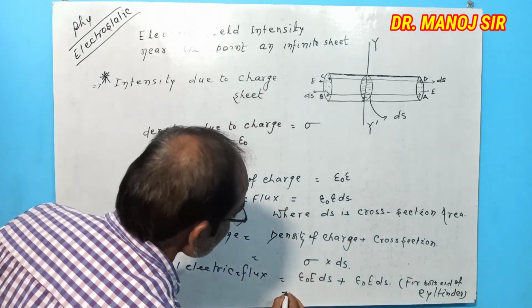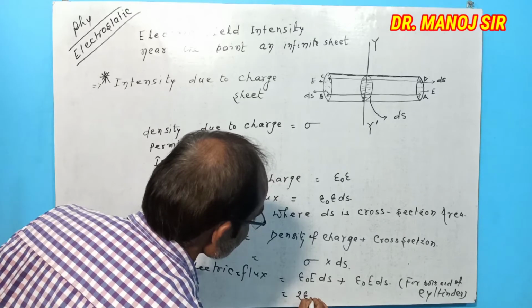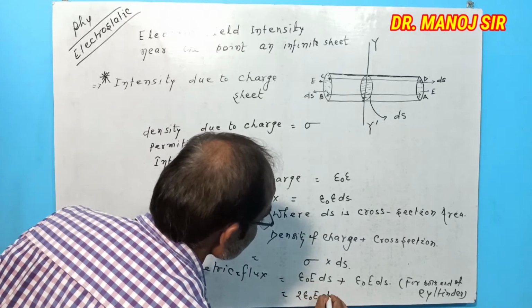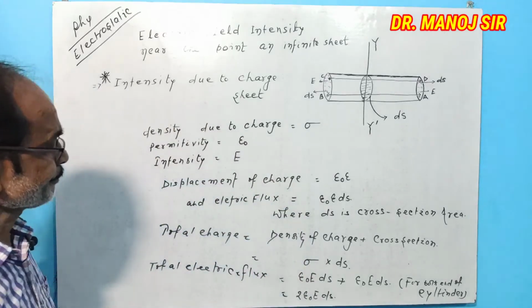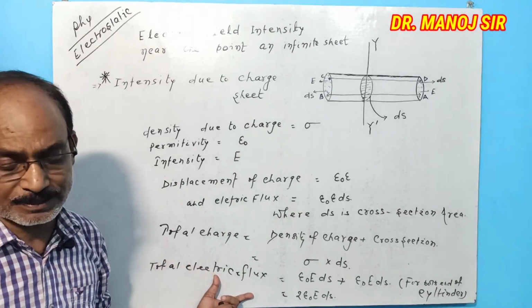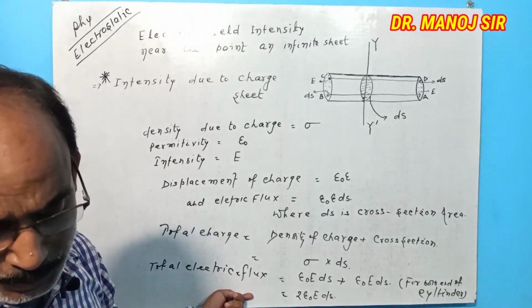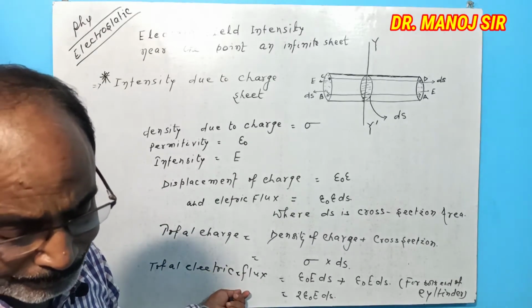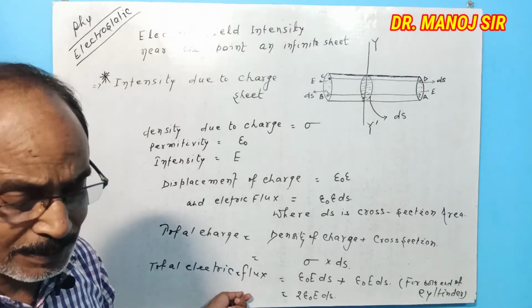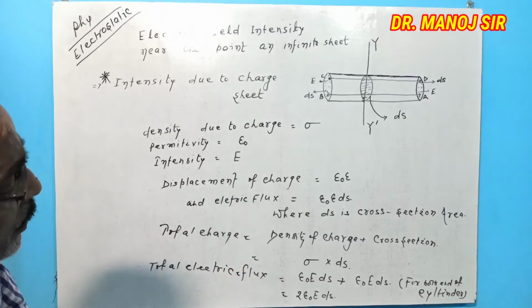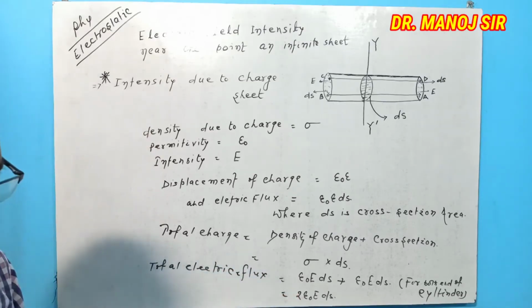Therefore that is 2 epsilon naught E ds. Total electric flux is equal to this. So total charge is equal to the total electric flux.